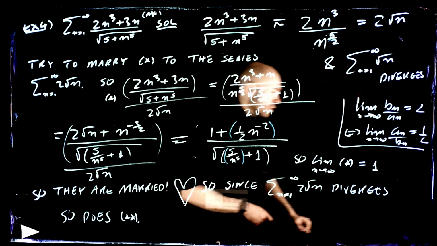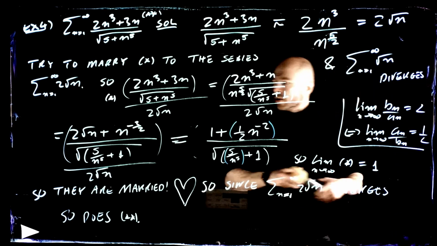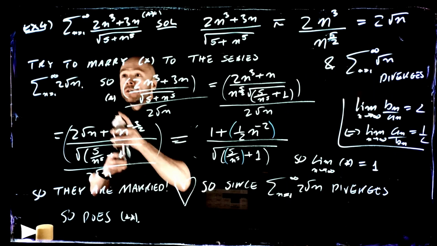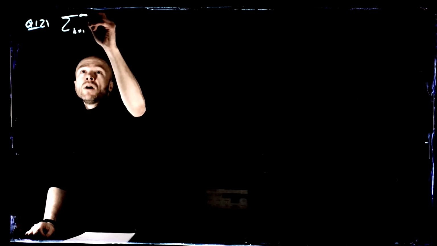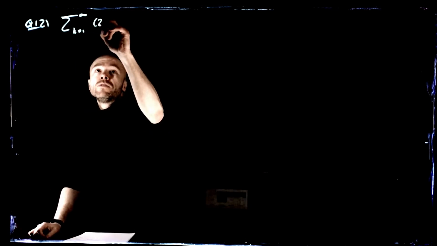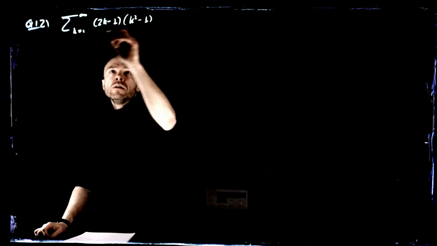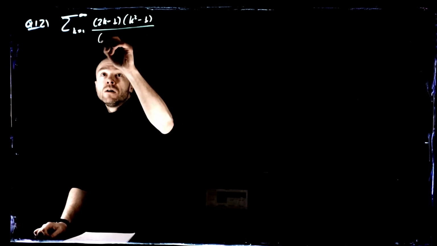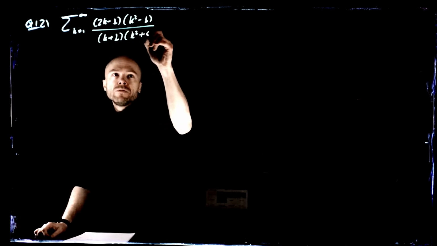Let's do another example, and probably then that'll be enough on this stuff. Question 12 from the end of the section. Look at this: the sum k equals 1 to infinity of (2k minus 1)(k squared minus 1) over (k plus 1)(k to the power 4) squared.